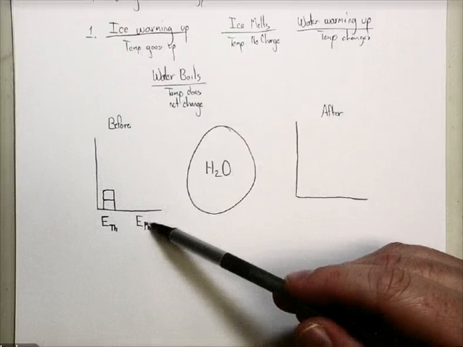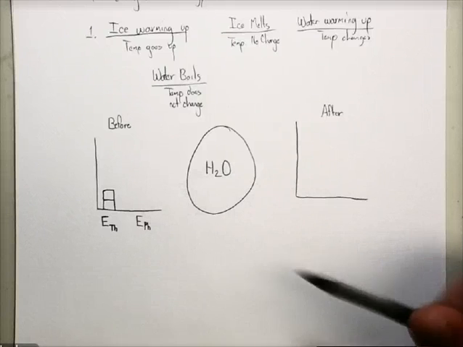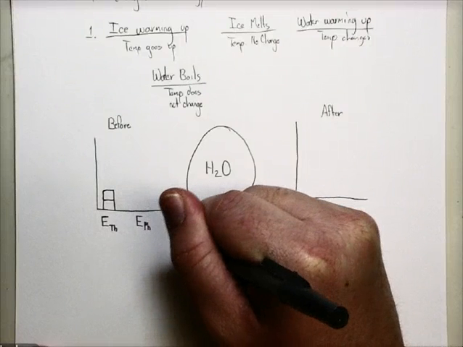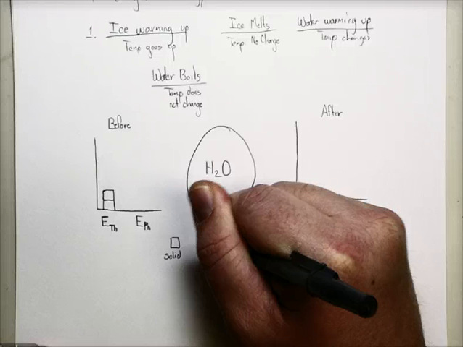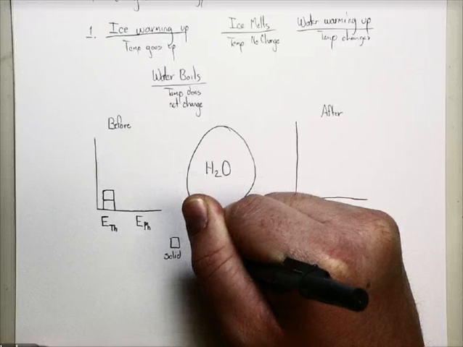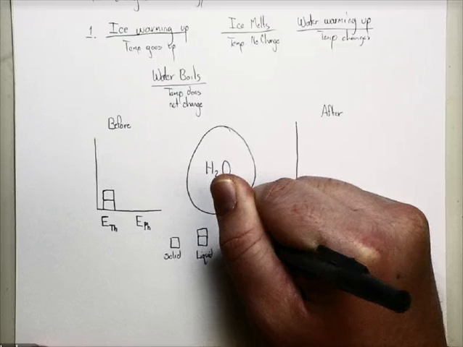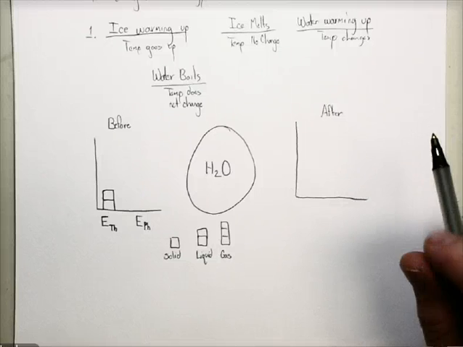All right, phase energy is the energy associated with whether it's a solid, liquid, or gas. And the way I want you to do this, 1 block will mean solid, 2 blocks will mean liquid, and 3 blocks we'll call a gas.